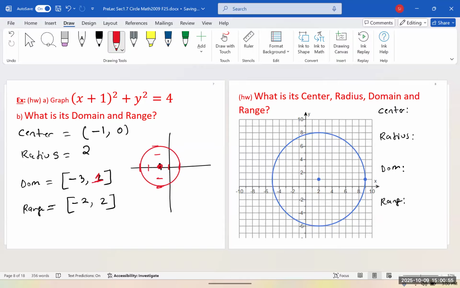Sayom, the next one. What's the center of the circle? 2, 1. Perfect. And how much is the radius? 7. 1, 2, 3, 4, 5, 6, 7. Perfect. What's the domain of the circle?